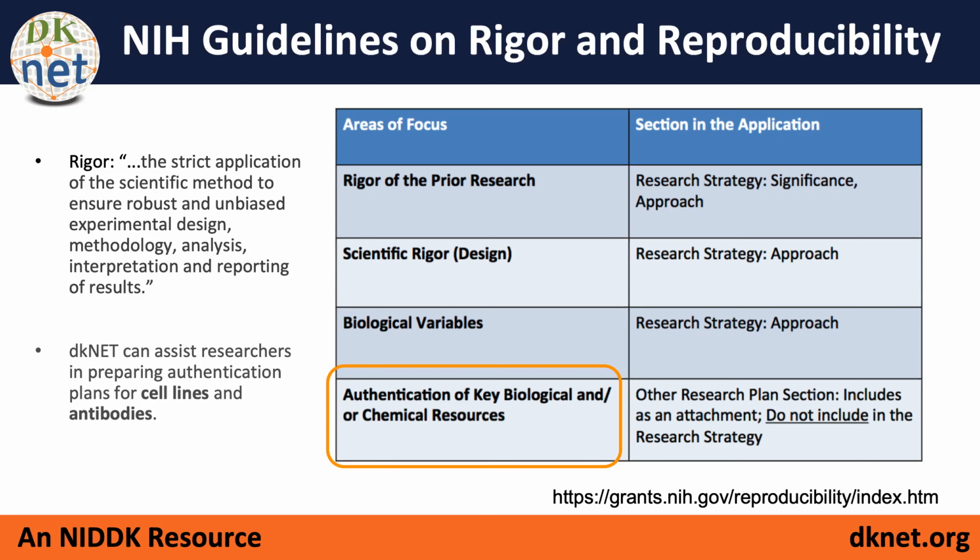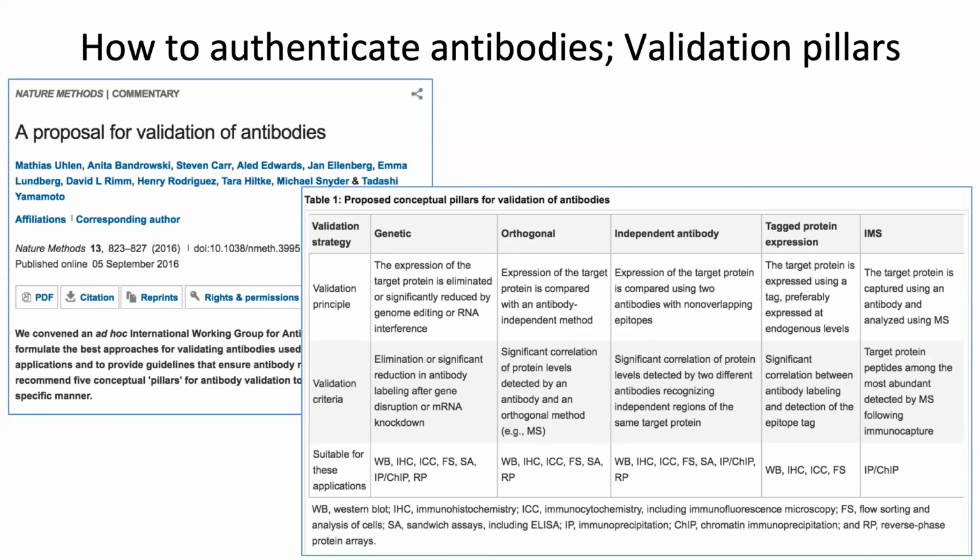And so, through dkNET, we can now assist researchers in preparing their authentication plans for cell lines and antibodies. For example, in terms of how to authenticate antibodies, there's the Nature Methods publication that has the proposal for validation of antibodies that provides a number of different validation pillars, and all this information that's out there in the literature, we can provide in a simple and direct fashion.